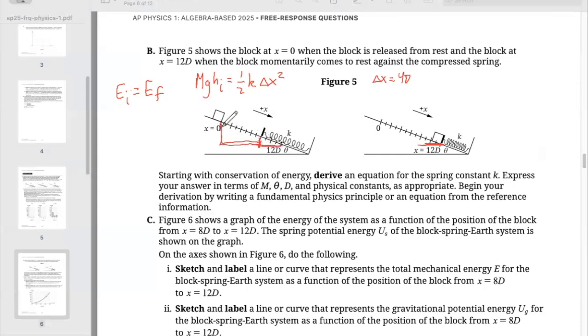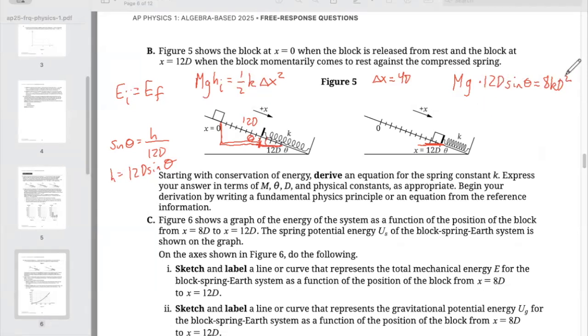Whereas your initial height, we would be able to say that this distance here is 12D, and this is your angle theta, which means that sine of theta should equal your height over 12D. So therefore, height initial is 12D sine theta. So that would tell us that mg times 12D sine theta is equal to 8 k d squared, because 4 squared is going to be 16 divided by the half then.